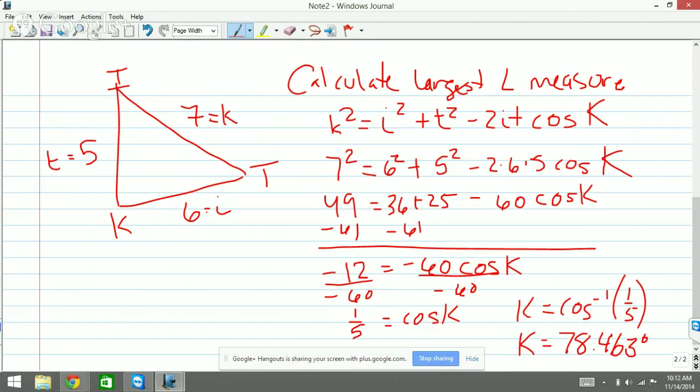It's cosine K. How do I get rid of the cosine? To get K equals, you do cosine inverse. So that's solving for an angle. Hopefully it's correct. It is, I just did it.